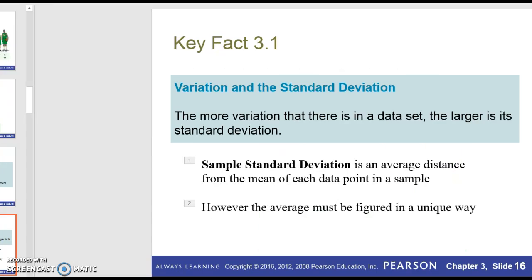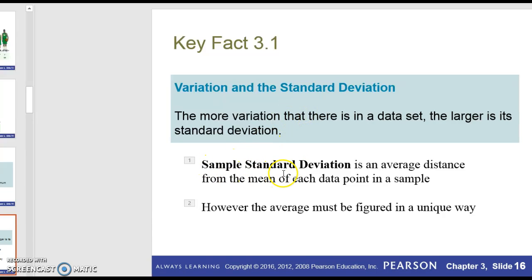So another way to find the variation is to find the standard deviation. The standard deviation is different than the range because it takes into consideration every single person, and it averages their distance from the average. You can see the definition down here.